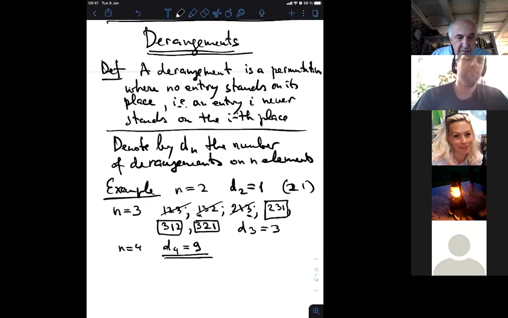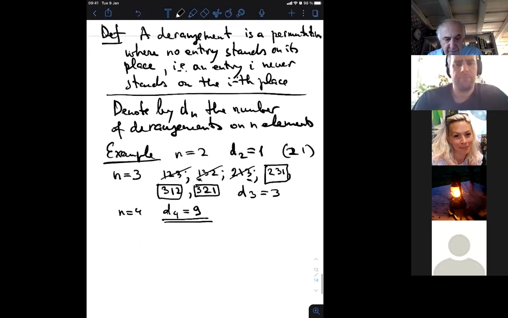Okay, so first of all, the formula which follows from our previous result says the following.